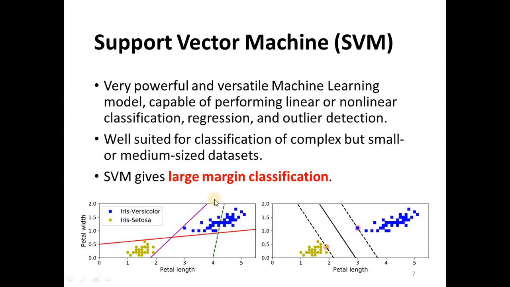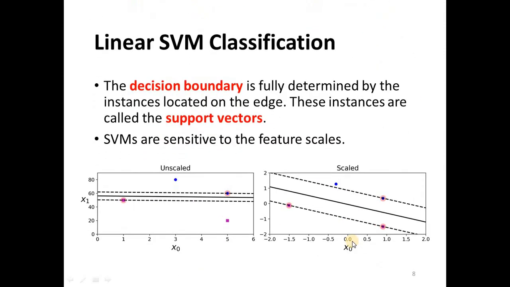But SVM gives large margin classification. It gives a better decision boundary, like this one. This boundary maximizes the margin between the two classes. The decision boundary in SVM is fully determined by the instances located on the edge.